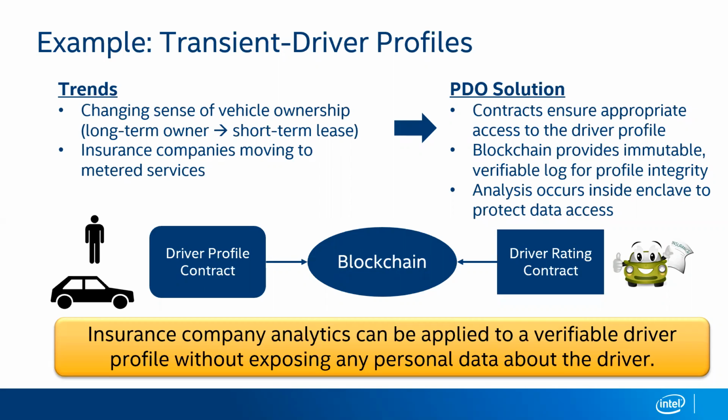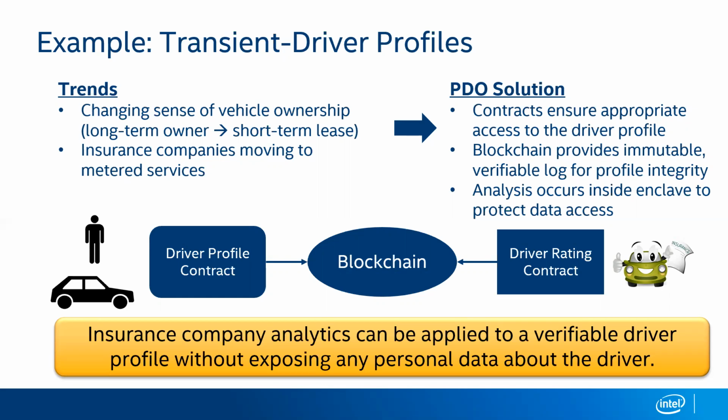Now, here's the interesting thing: this profile would be lovely, and the driver sort of owns it. But if the driver has the right to change and modify it, then its value is completely lost. So the smart contract enforces, even on its owner, a limitation on its ability to modify the data inside that profile. So what we get out of that is that the profile represents a high-integrity representation of the driver.